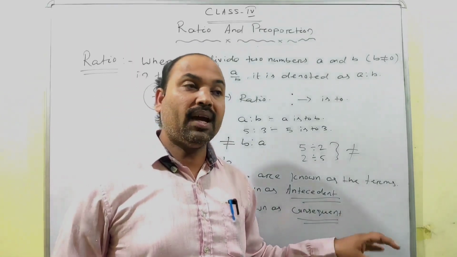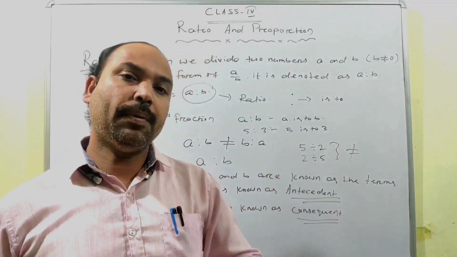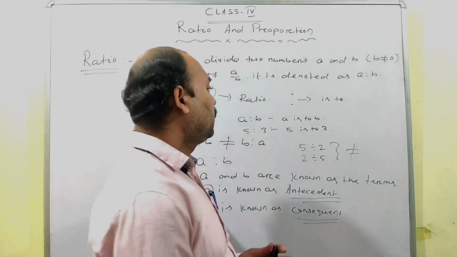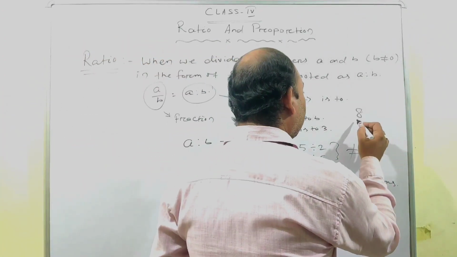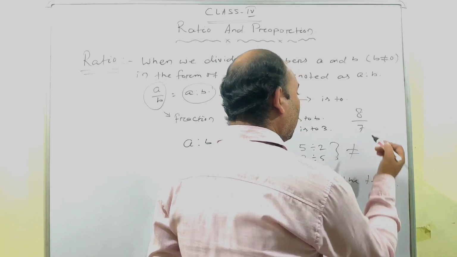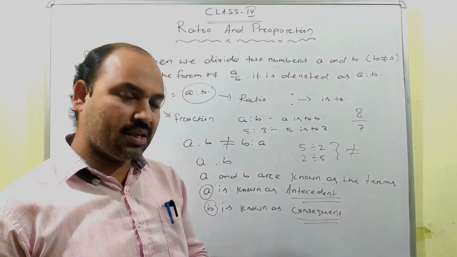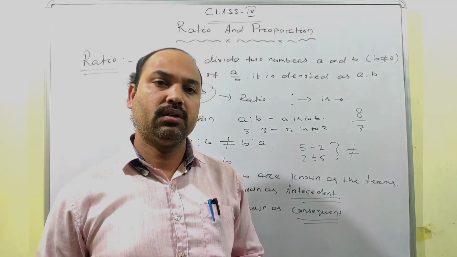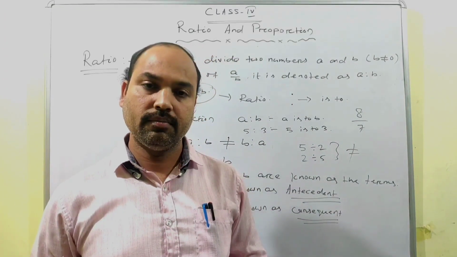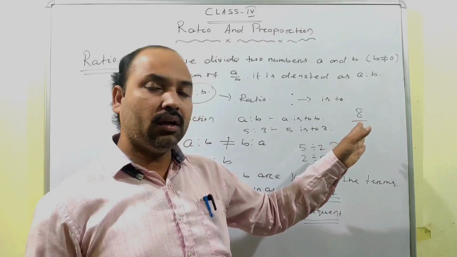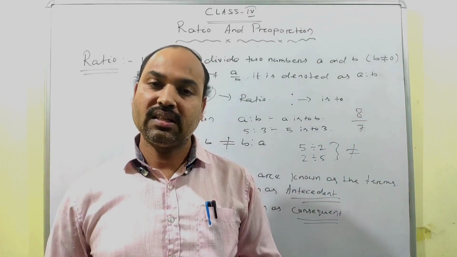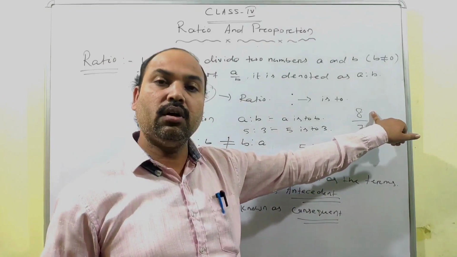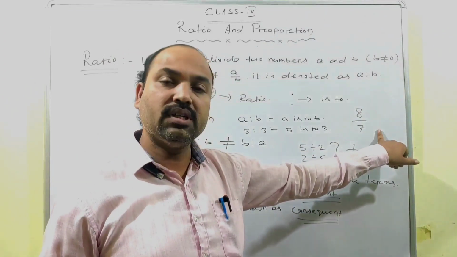Clear? Sometimes in your question paper it is written, suppose 8 upon 7, write the consequent and antecedent. The antecedent is 8 and the consequent is 7.